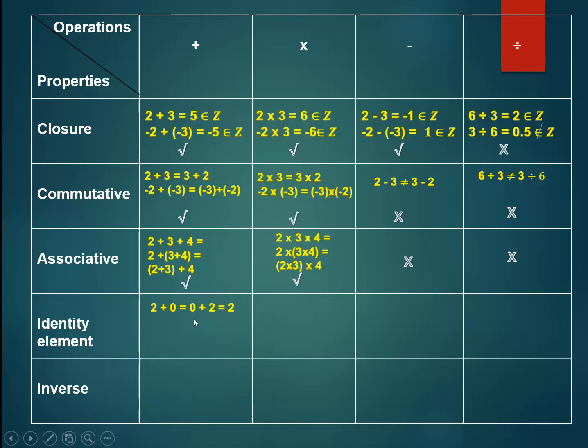Identity: we know that the additive identity element is 0. The multiplicative identity element is 1. In subtraction, no. And division, no. Inverse: the inverse of positive is negative, and the inverse of negative is positive.